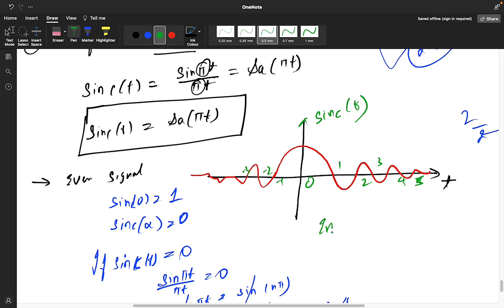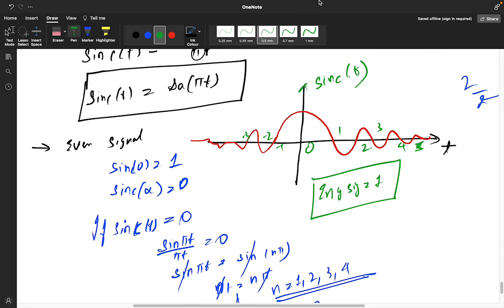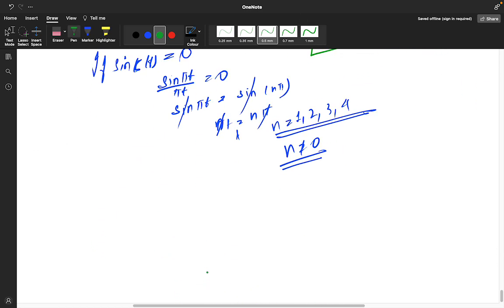And this is an energy signal; you will get the energy of this signal as 1. How so?